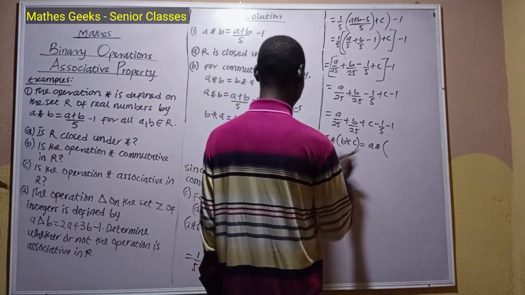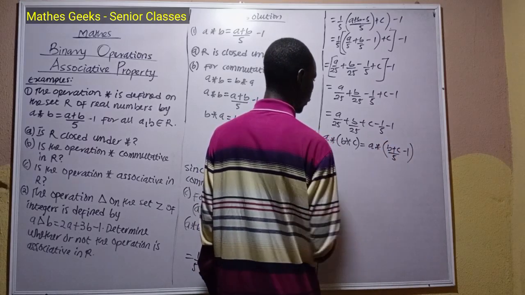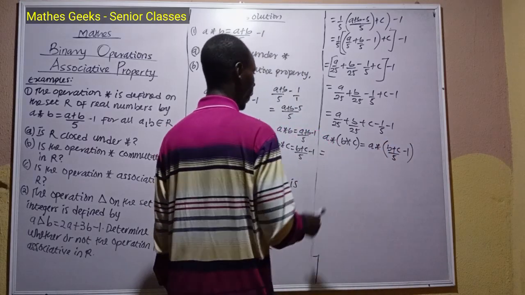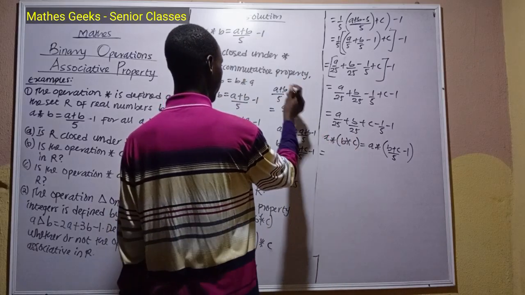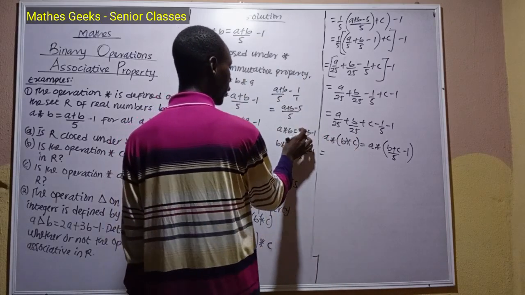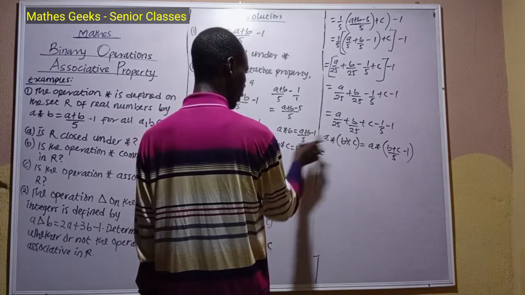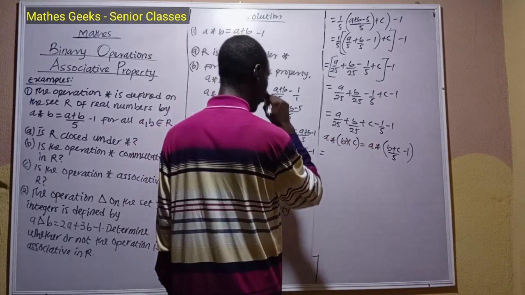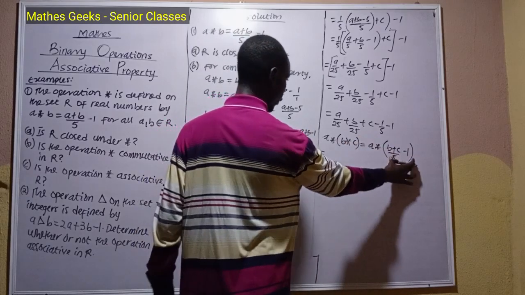So this relation, compared to these relations, A is still A because we have A here, and then B is B star C, which is what you have here.